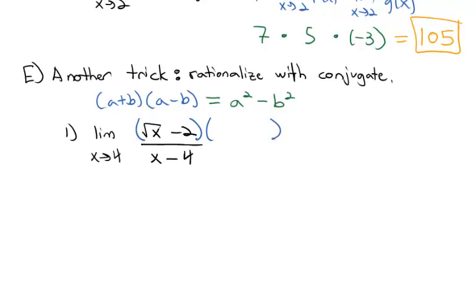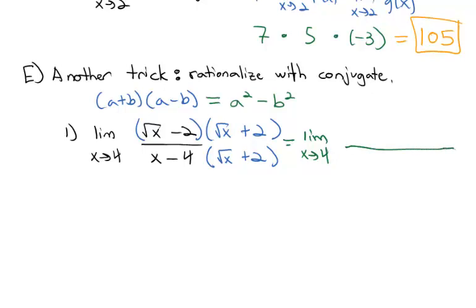The conjugate of the square root of x minus 2 is the square root of x plus 2, changing the sign in the middle. Remember, to maintain balance, we do the same thing in the numerator and in the denominator. Now the numerator, don't lose the limit. The limit as x goes to 4.